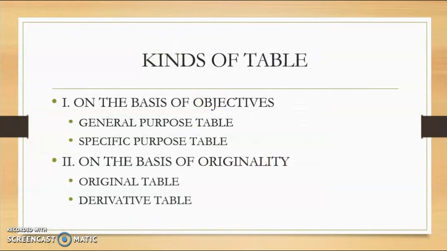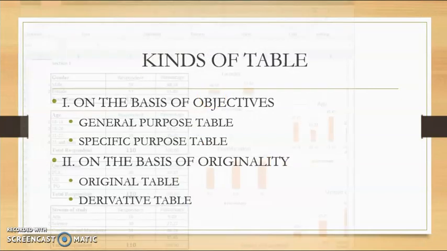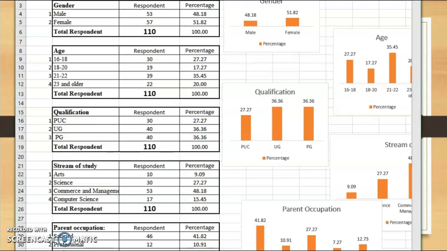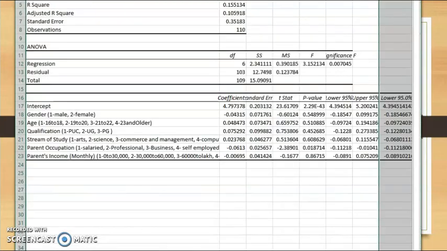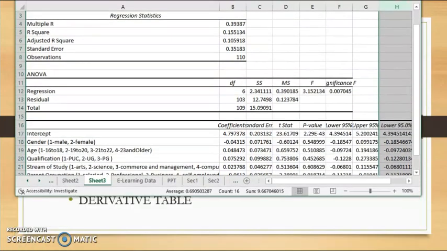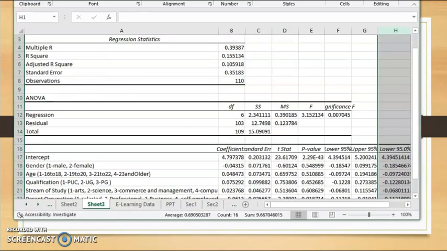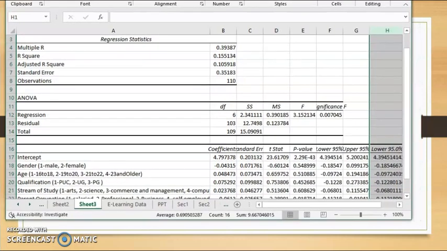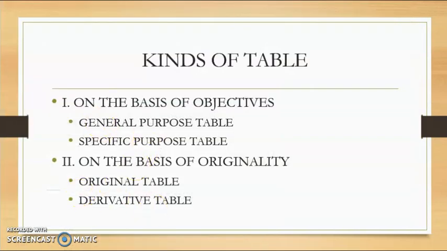Okay, that becomes your derivatives. Or you can also make the table in the form of regression. So this is actually a table which is explaining on certain parameters. By doing the analysis, this gives you the hypothetical test. So this will also become a derivative table.